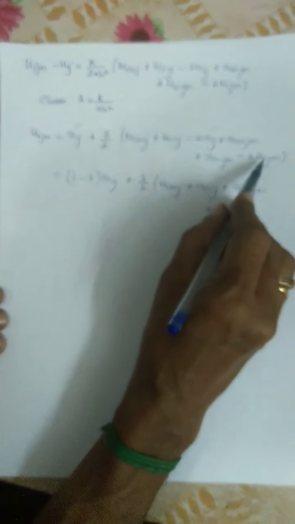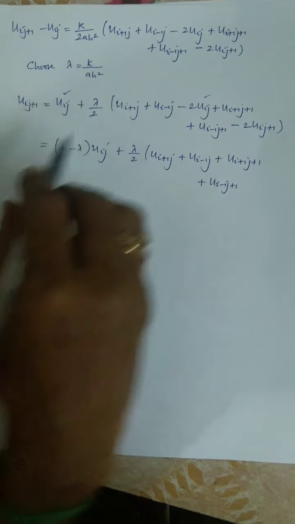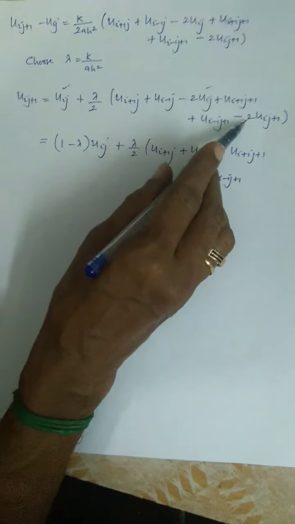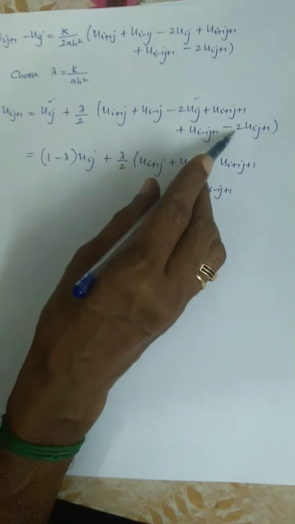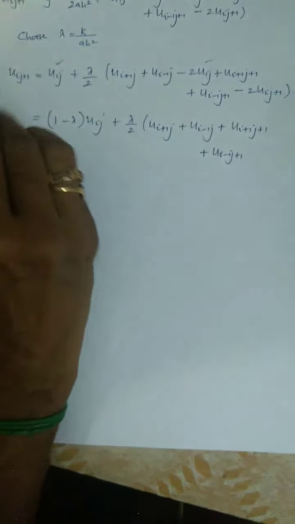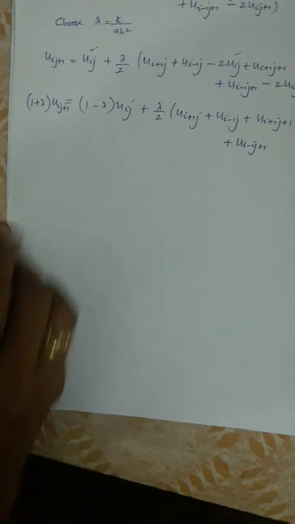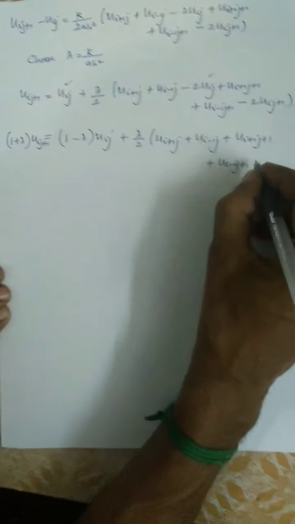Now the last term I am going to club with the left hand side. When I multiply lambda by 2 into minus 2, you will get minus lambda. If I take this term to the left hand side, you will get (1 plus lambda) U_i,j+1.